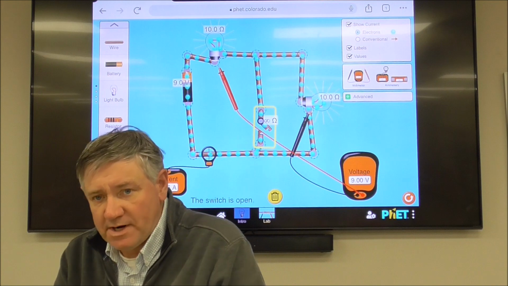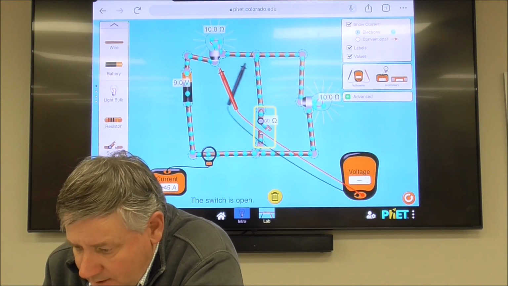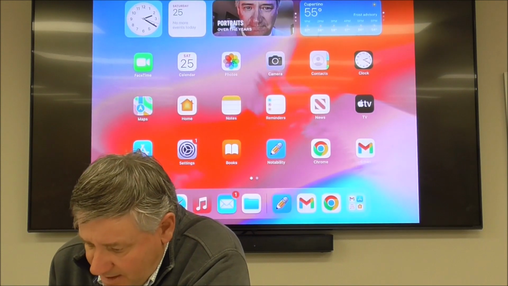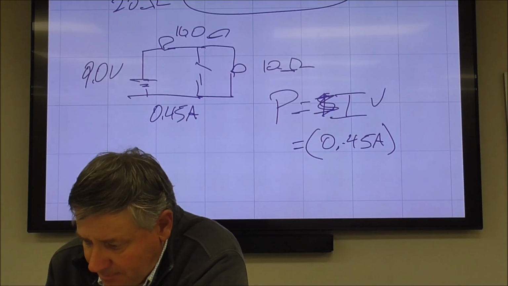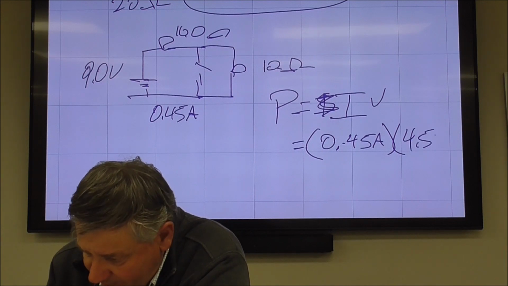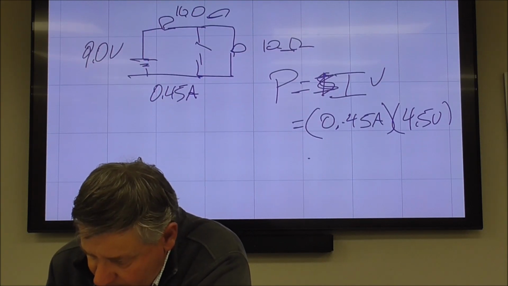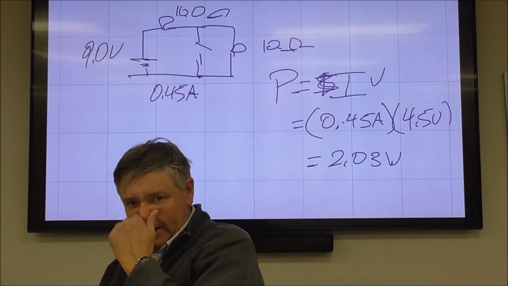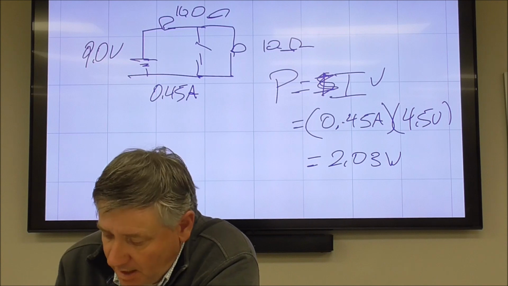So, if I want to calculate the power in each bulb, one option is to PIV it up. I take 0.45 times that voltage of 4.5 volts, and you get 2.03 watts, okay? Now, that's an option.